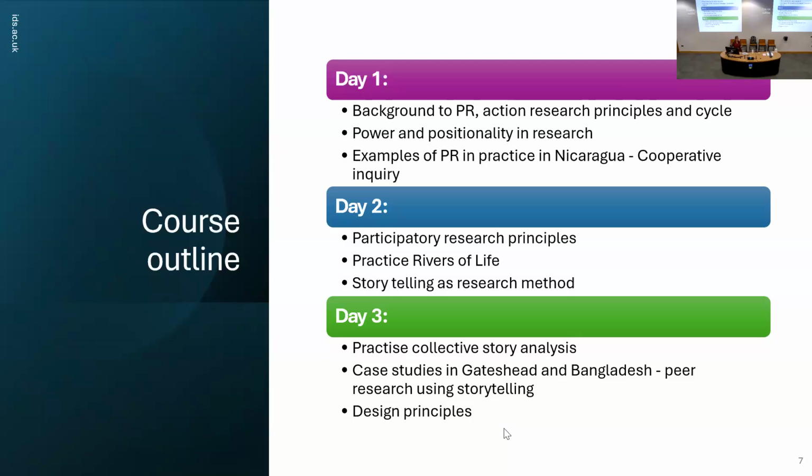So we talk about that and also about our own power and positionality in the research process, which can easily be ignored, our own power relationship with the research participant.